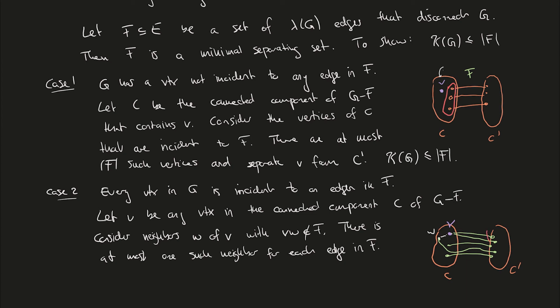We have the neighbors that are connected to V by an edge that lies in F, and on the other hand, we also have neighbors in the component C, but we know that there is at most one of these types of neighbors for each edge in F. Moreover, these two types don't overlap, because by the minimality of F, again, because there are no internal edges in C, all of the neighbors that are connected to V via an edge in F have to lie in the other connected component, C prime, and the neighbors that are connected to V via an internal edge have to lie in C.